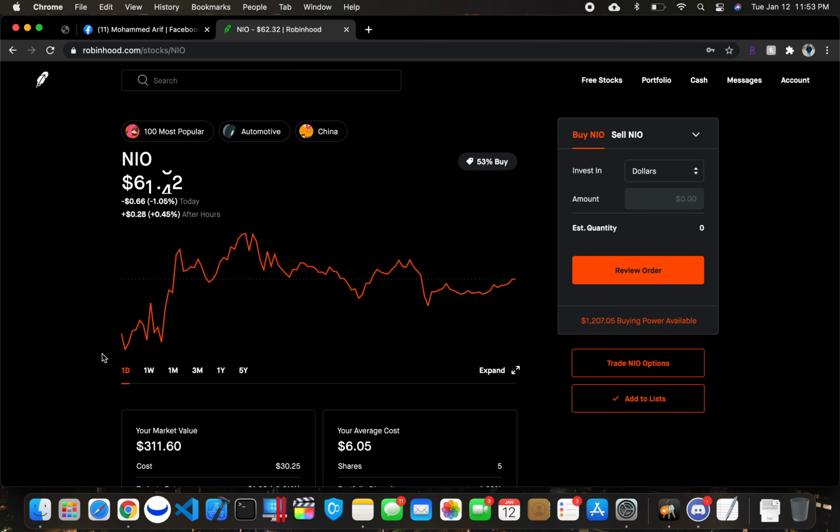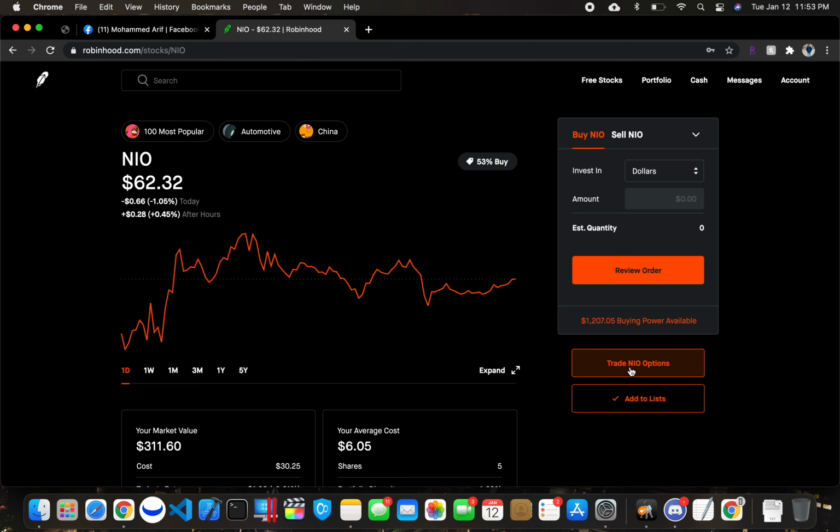So what is options trading? If you are in your Robinhood account, you will see this option here called Trade Neo Options. If you're using the mobile app, go to the ticker symbol Neo on your phone, and you'll be able to see an option that says trade on the lower button.